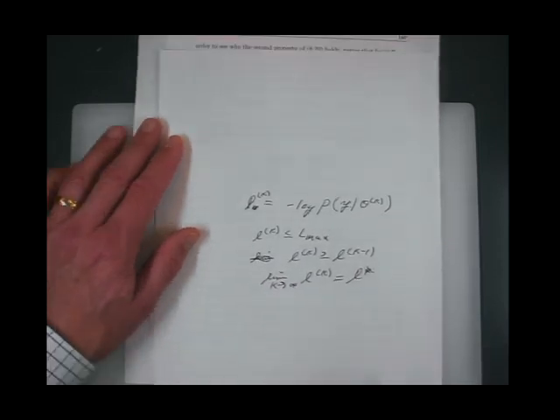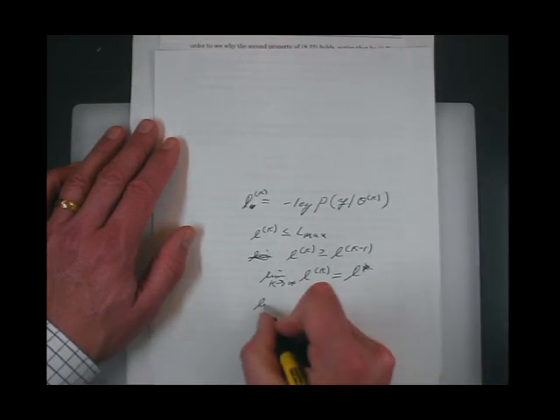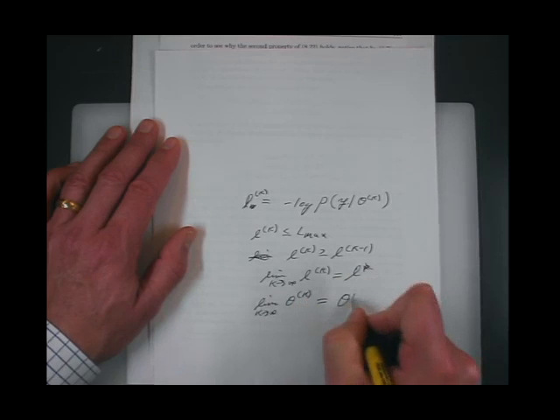Right? But we don't necessarily know that the limit as k goes to infinity of theta_k has to equal some theta star.